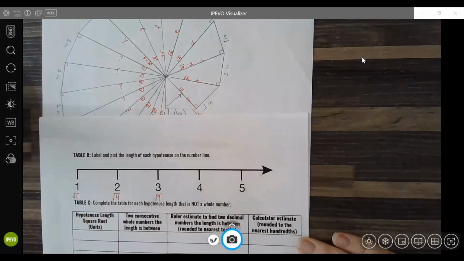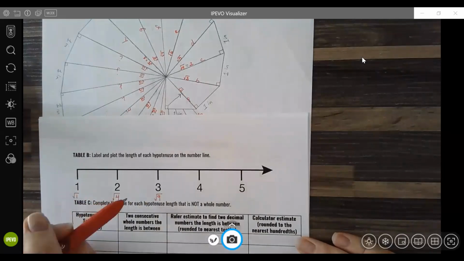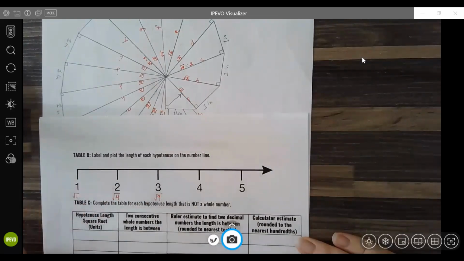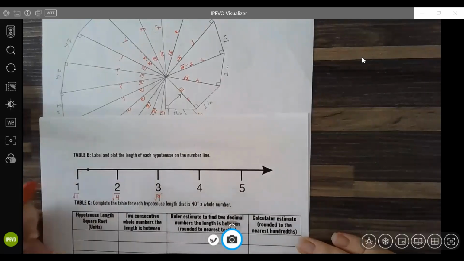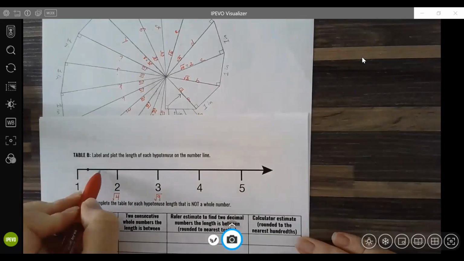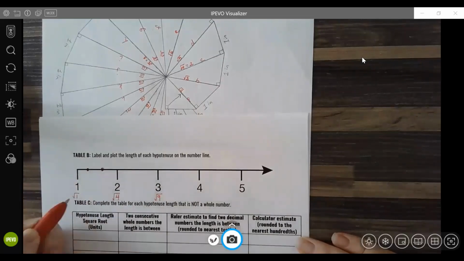So if I'm thinking square root of 2 and square root of 3 are the only 2 square roots between these two that I have labeled as being for 1 and 2 on my number line, then I'm going to think about the spacing being pretty equivalent. So maybe the square root of 2 is like somewhere right in here, and then thinking about the same sort of distance, maybe this would be the square root of 3.